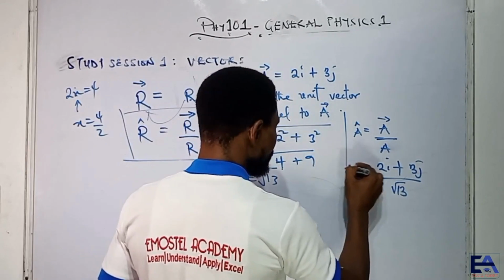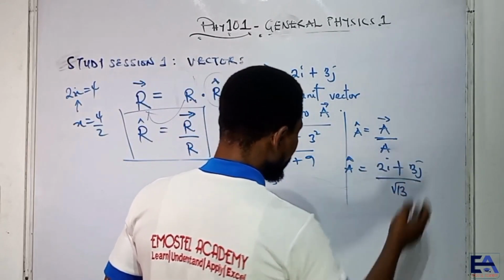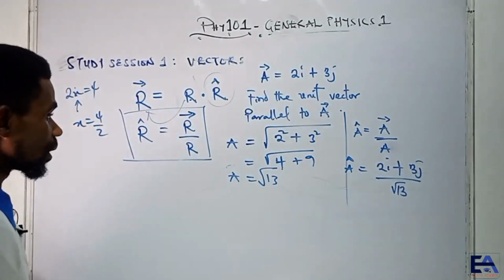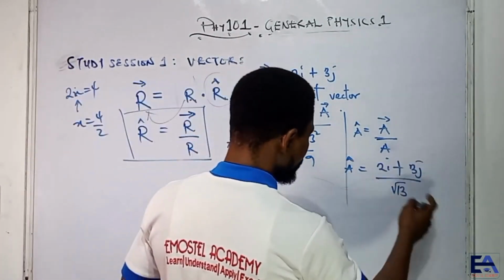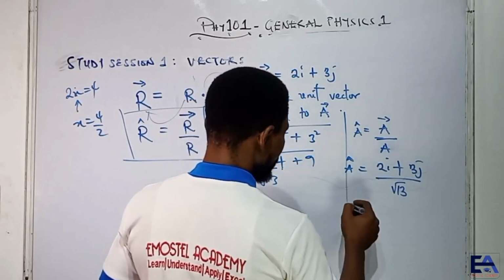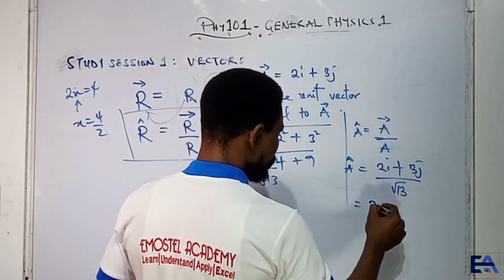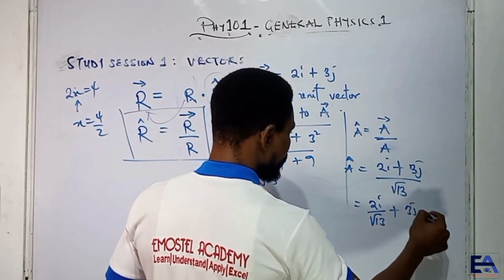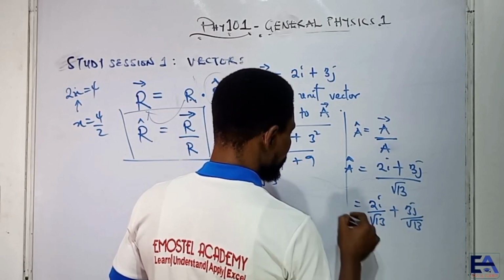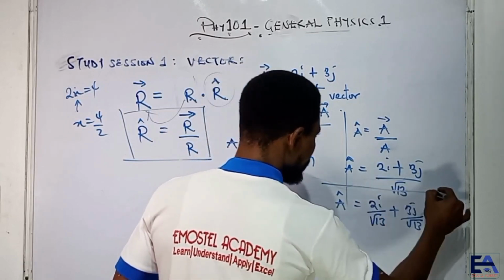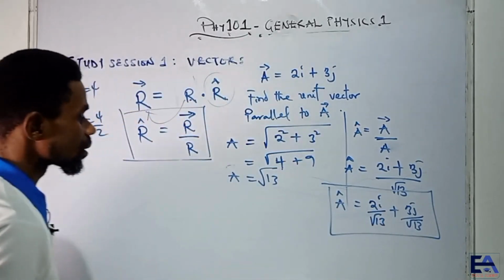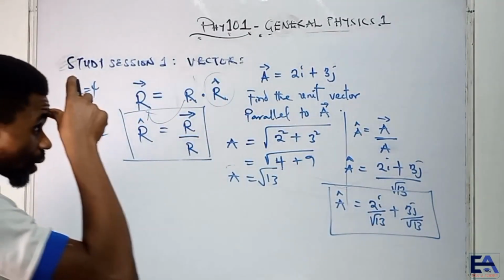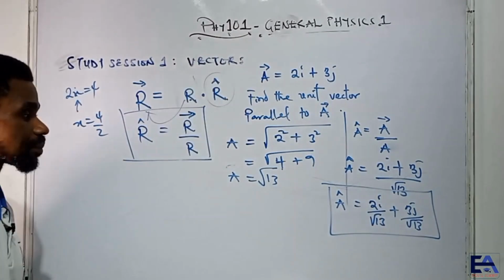So the unit vector parallel to A is 2i plus 3j over root 13. And then we can still put it as 2i over root 13 plus 3j over root 13. And that's the result of the unit vector parallel to vector A.